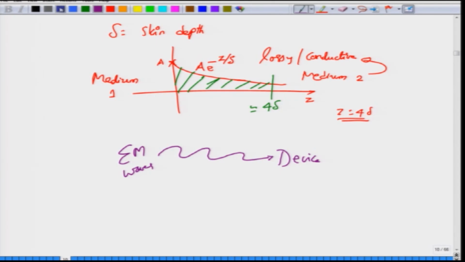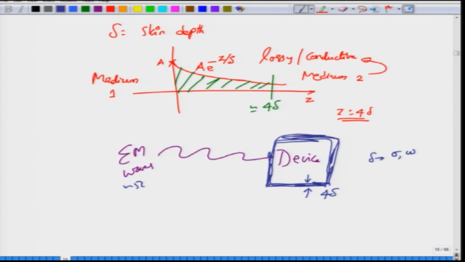However, if I build a metal chassis or a metal ground around this one, of thickness approximately 4 delta, and please remember this delta depends on sigma as well as the frequency. If the EM waves are coming in at 50 hertz, then omega is very small.